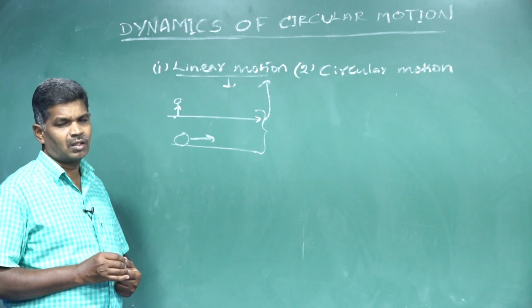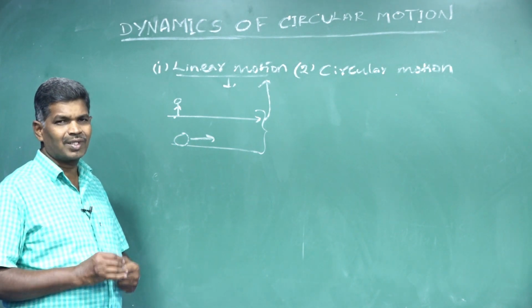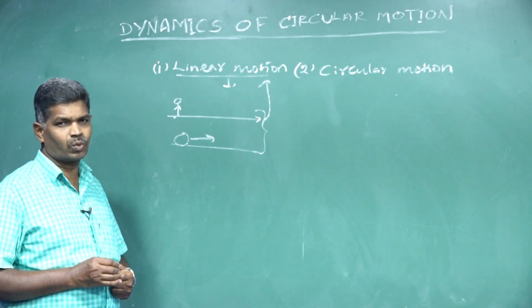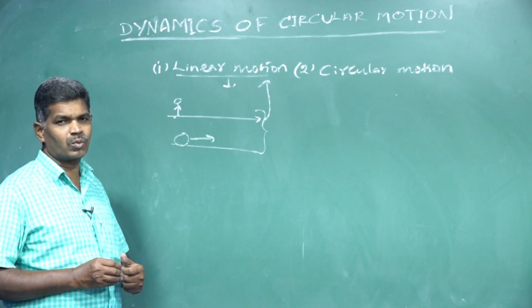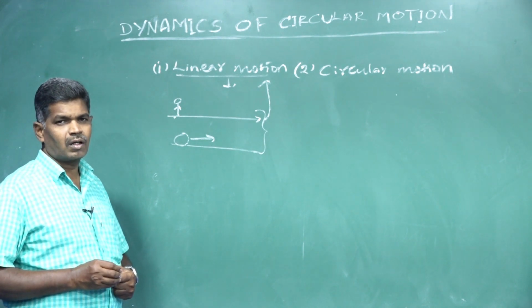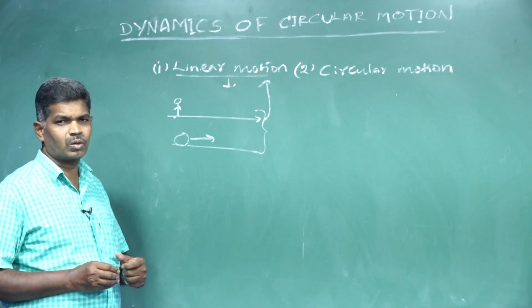What does the first law say? Without unbalanced force, an object can move with a uniform velocity or be at rest.